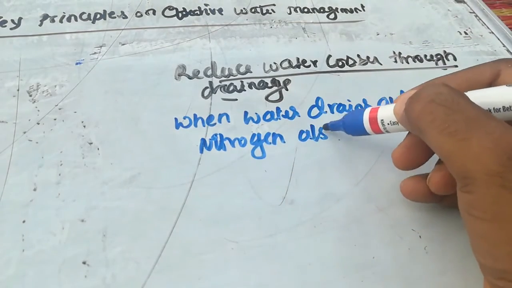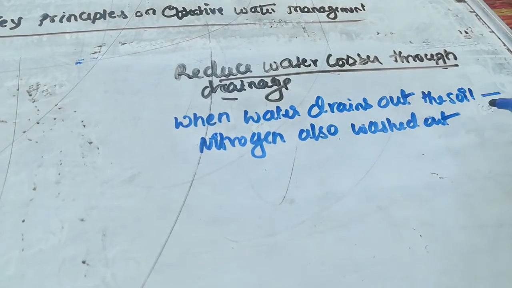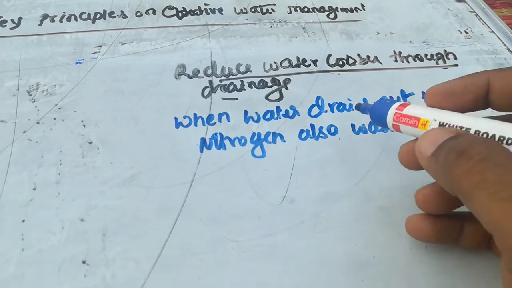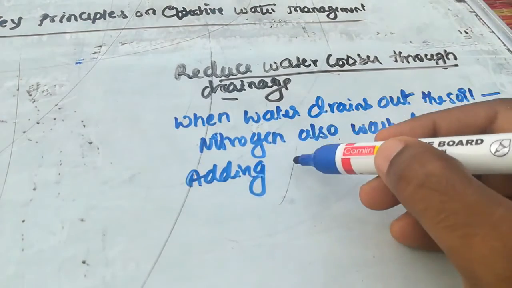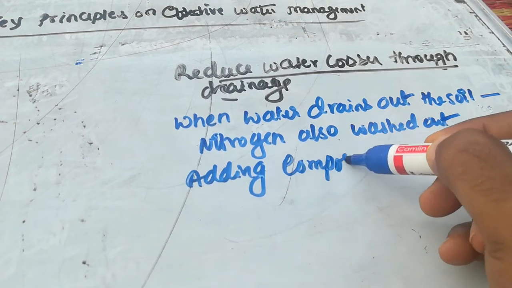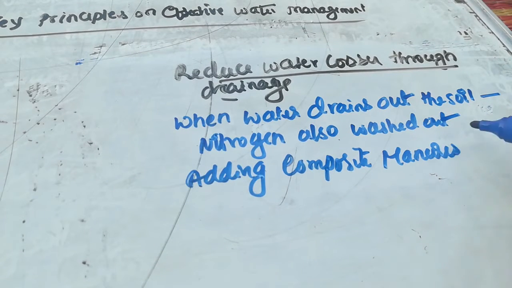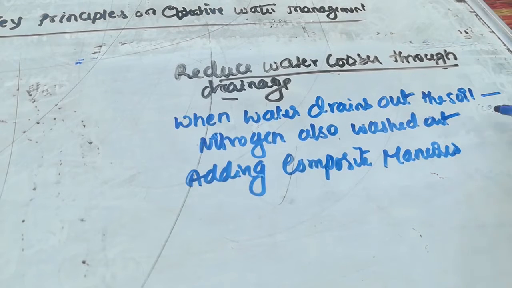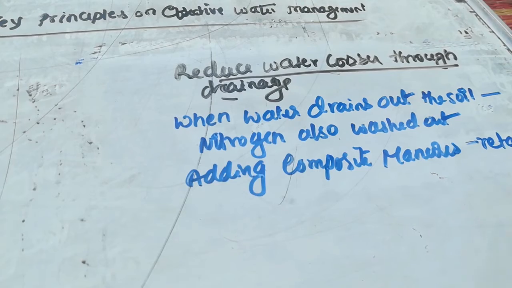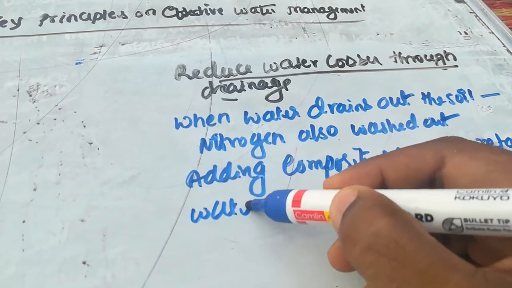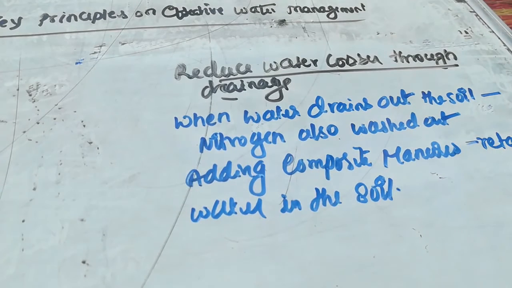So how can we retain those contents? By adding compost manures, which retain the water in the soil.